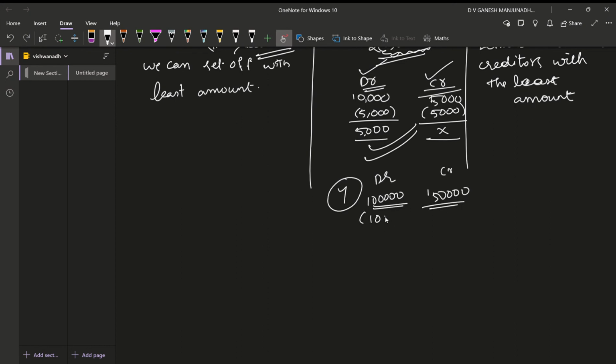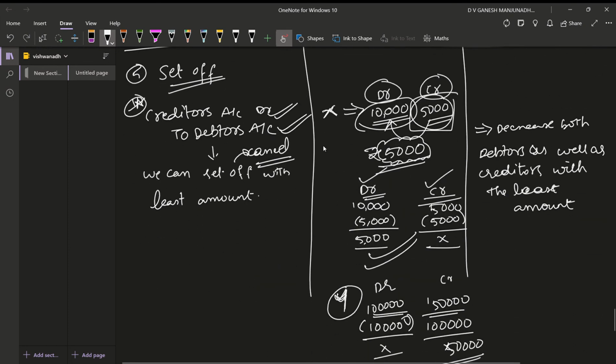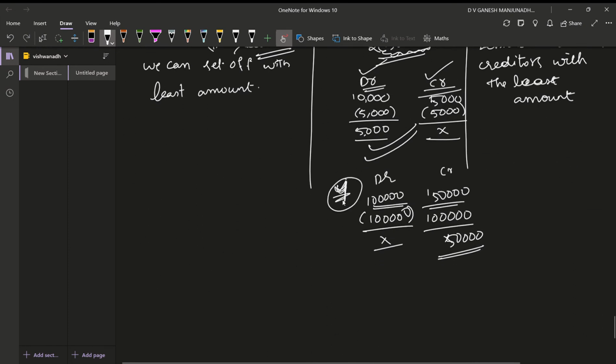That means from debtors we have to remove his name, and from creditors also we have to remove his name. The remaining balance will be like a creditor. That means we are still payable to Y. He will be acting as a creditor. Then in this case X is acting like a debtor and Y is acting like a creditor. Okay, that is what we have to understand.